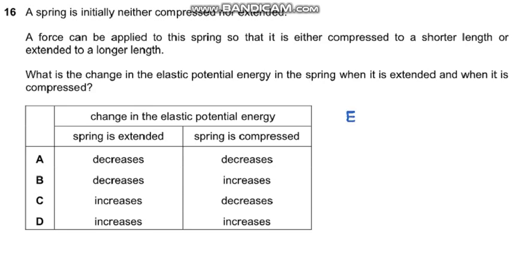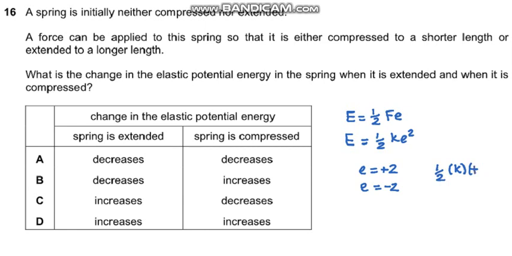elastic potential energy can be written as half Fe, which can further be written, with F equal to K e, as half K e square. So either the change in length is positive or negative, compressed or extended, the answer would always be positive because the value of extension is being squared.